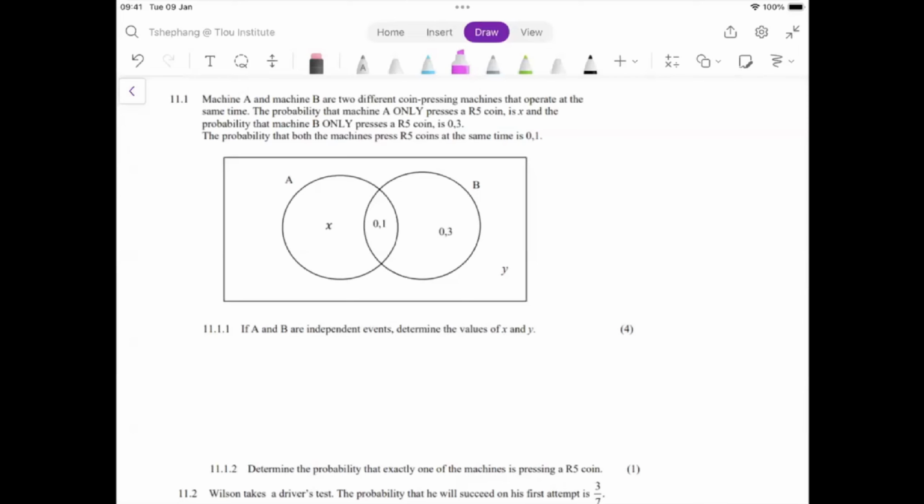Very important. Independent events, we need to determine the values of X and Y. Now remember something, I gave you rules about independent events. That's why we spend so much time looking at the theory part of this.